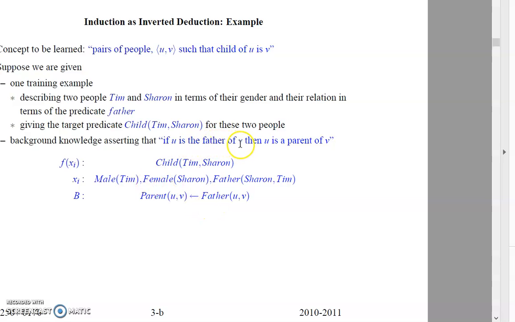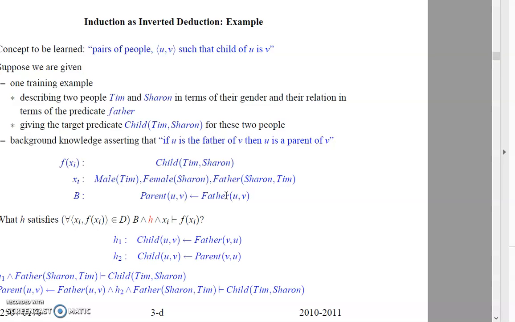That is what it says: if u is the father of v, then u is a parent of v. Now, what are all the hypotheses we can frame? There may be several hypotheses.